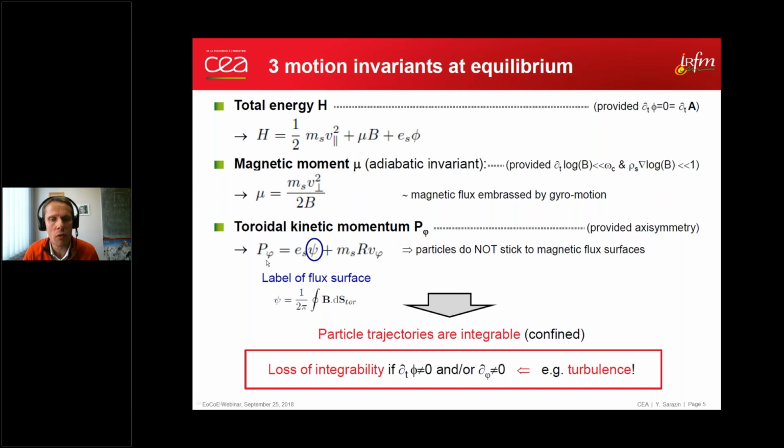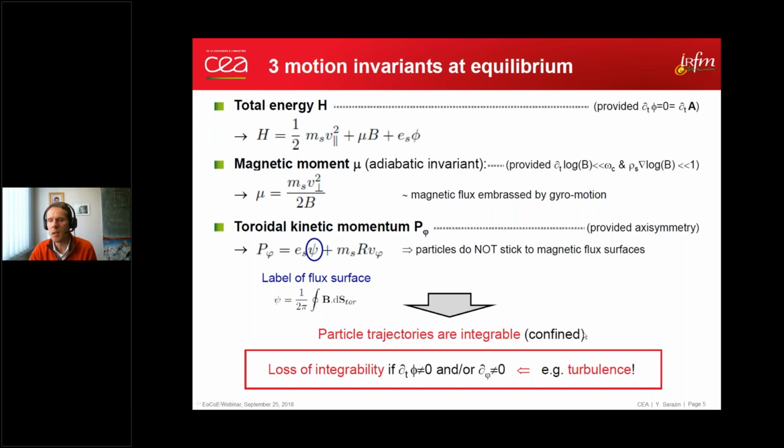Notice, by the way, that P_phi is the sum of two terms, and one of them is, up to the charge of the particle, the flux of the flux surface, meaning that when a particle moves, it moves at constant magnetic surface up to a small term, which is provided by the second component of the kinetic toroidal momentum.